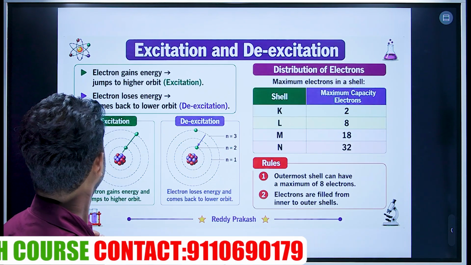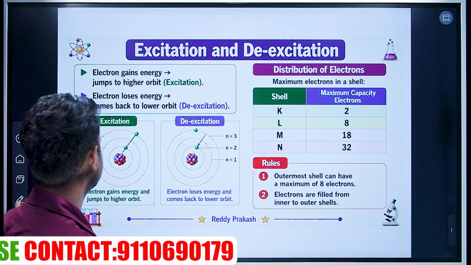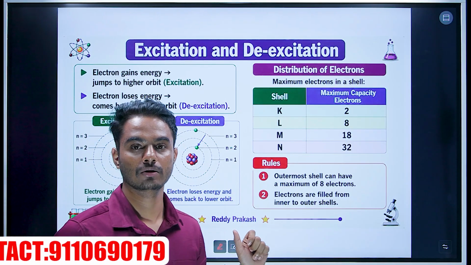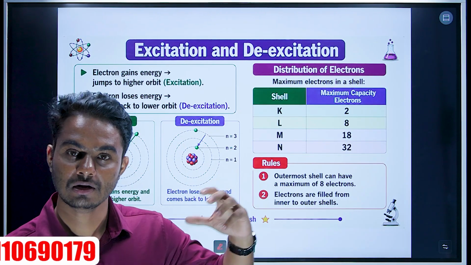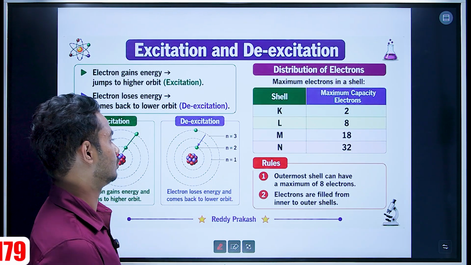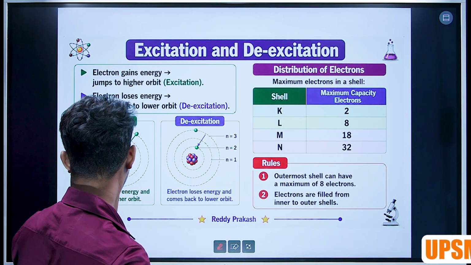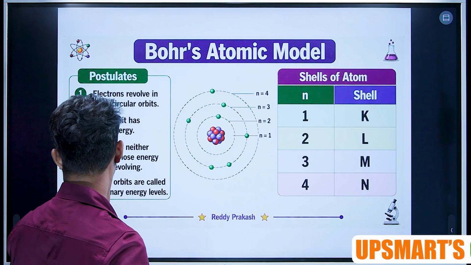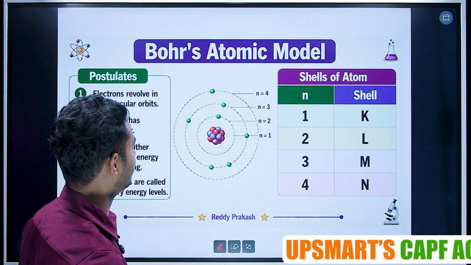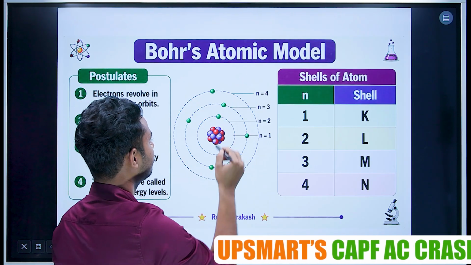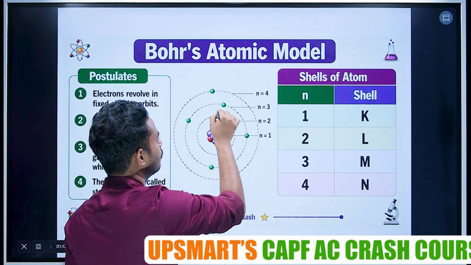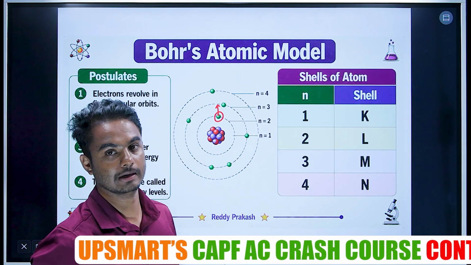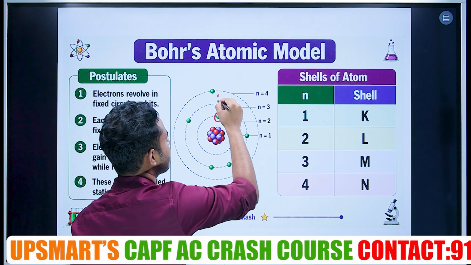Fine. Next, excitation and de-excitation of electrons. If this particular electron has to move to a higher level, this is called excitation.